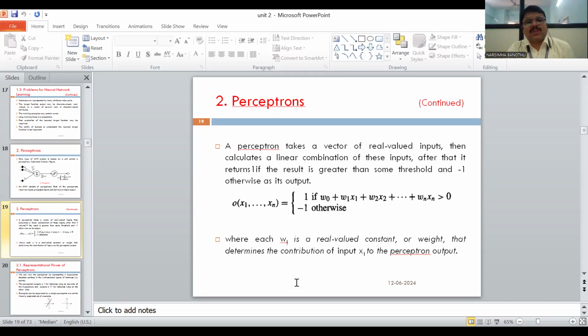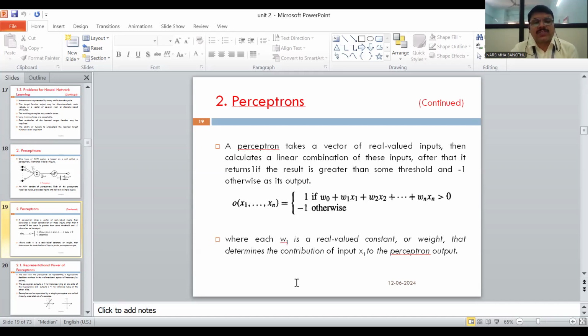A perceptron takes a vector of real valued inputs, then calculates a linear combination of these inputs. After that, it returns 1 if the result is greater than some threshold, and otherwise minus 1 as its output, right?